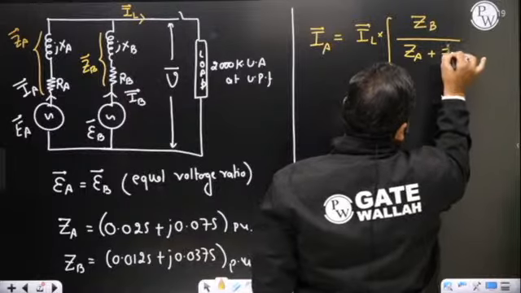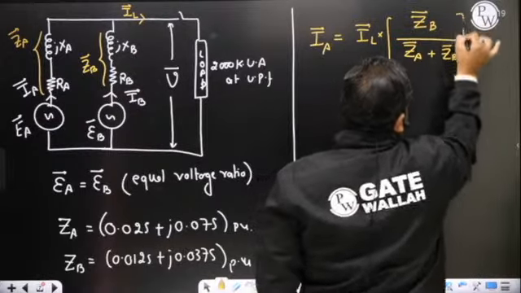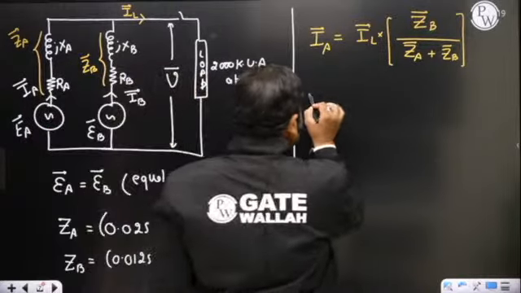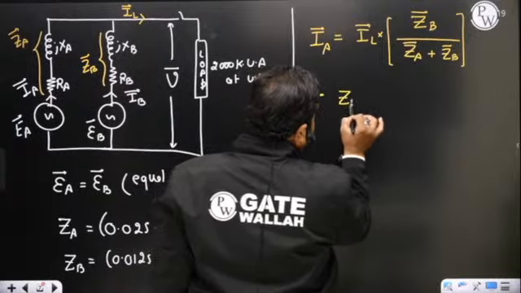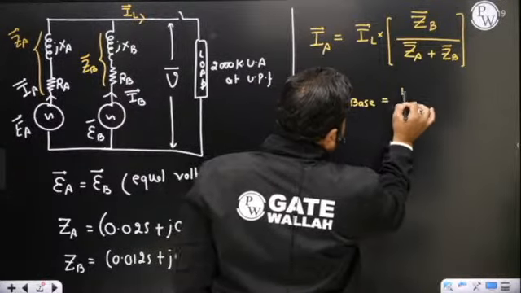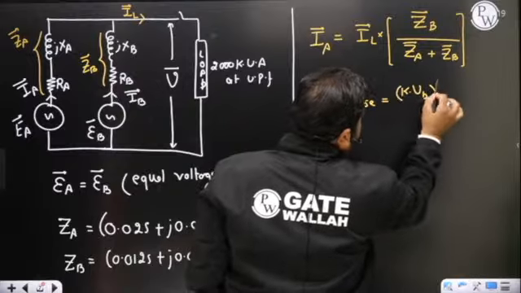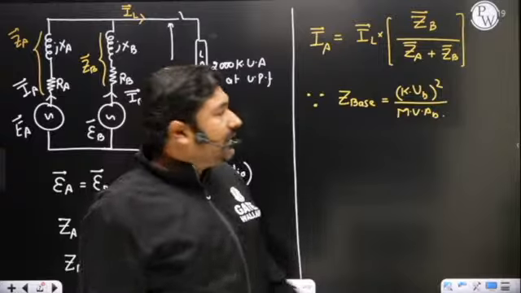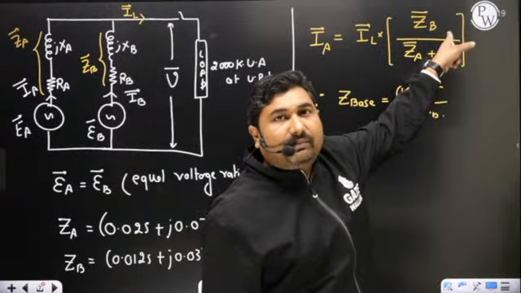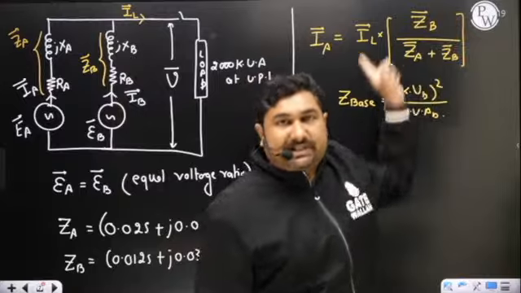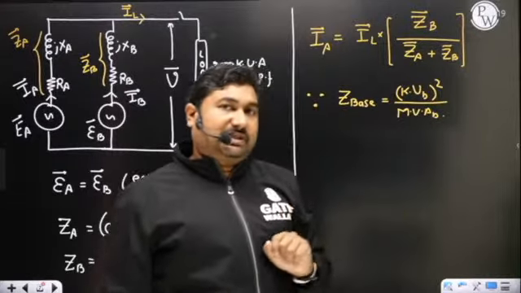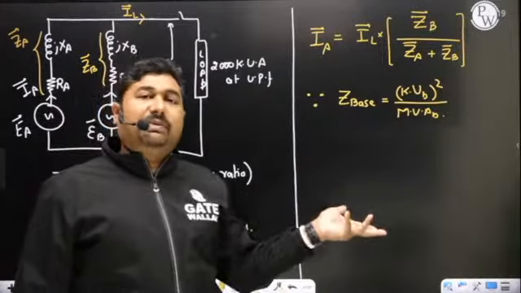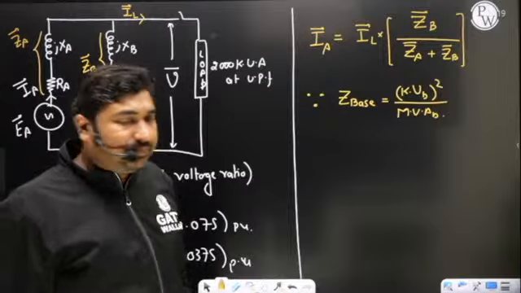But they should be on a common base, because base impedance is KV base square upon MVA base. If I am considering this in per units, then the base of transformer A and transformer B must be the same. Then you can put the ratio ZB upon ZA plus ZB in per unit also.